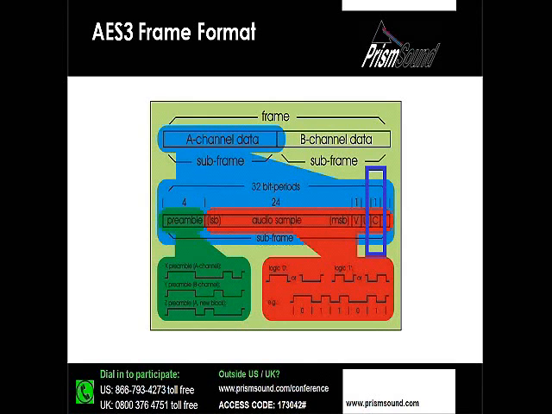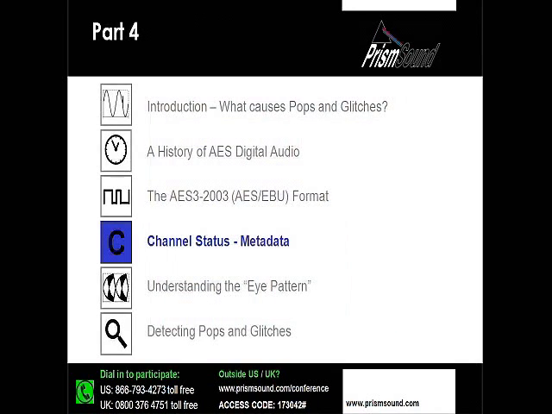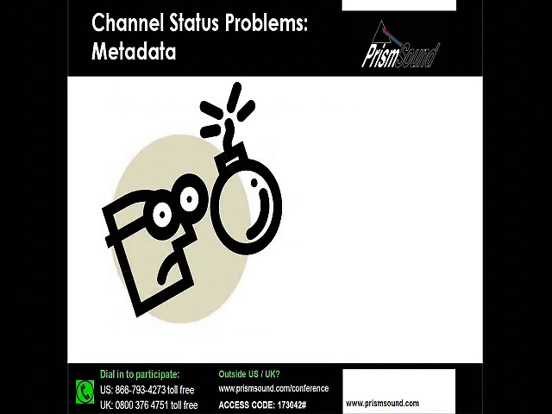But again, channel status bit. This channel status bit, there's only one bit in each subframe, but after 192 frames, we have something called one block, and that block brings us to the channel status metadata. So if I can, we'll dive into this.